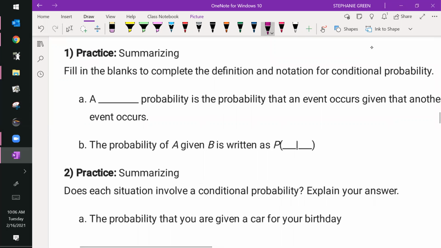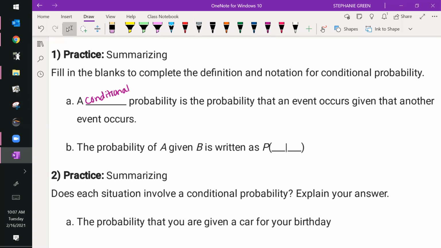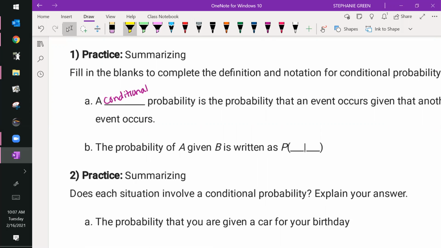When we're calculating the probability of the combination of dependent events, we're going to have to consider what we call a conditional probability. A conditional probability is the probability that an event occurs given that another event has occurred. We have some notation here.